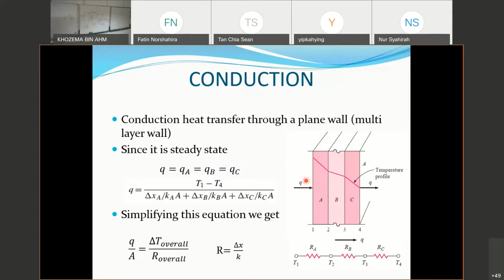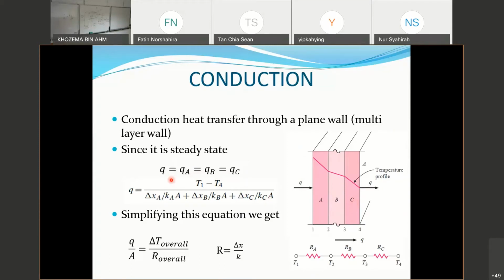Whatever amount of Q is flowing throughout material A, material B, and material C is equal to whatever heat is being transferred through material A, which is QA, is equal to the heat transferred to material B, QB, and it is equal to whatever Q is transferred to material C, which is QC.